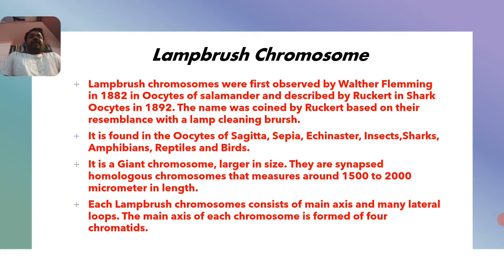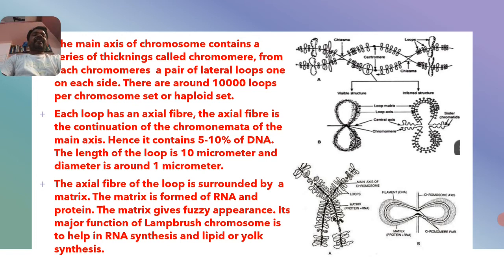This is a very important point: these are synapsed homologous chromosomes. Why are they called homologous chromosomes? Because the lampbrush chromosome consists of mainly two parts. The chromonemata condense to form loop-like structures. They are symmetrical, with two loops on either side, and at the central region a central axis. Here is the diagrammatic representation of a lampbrush chromosome.